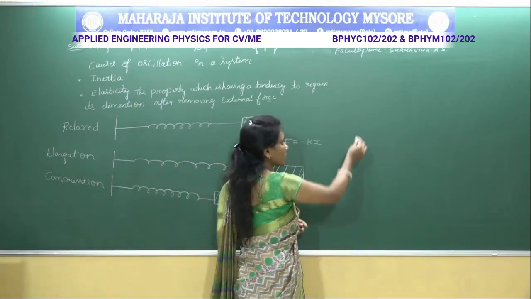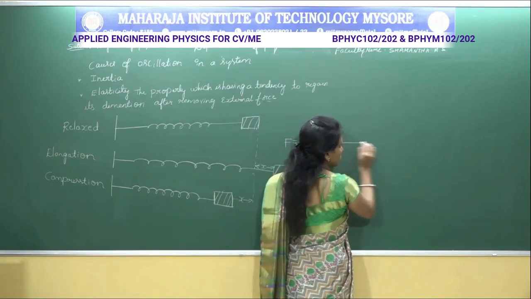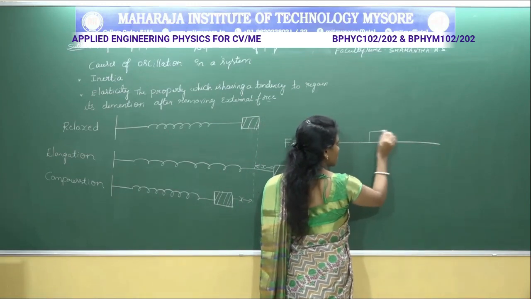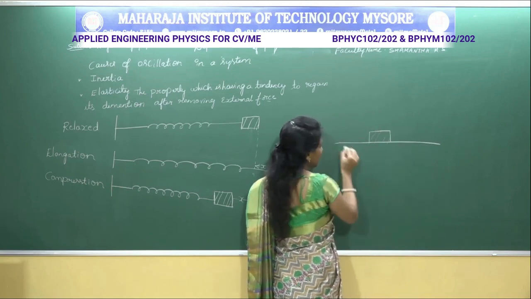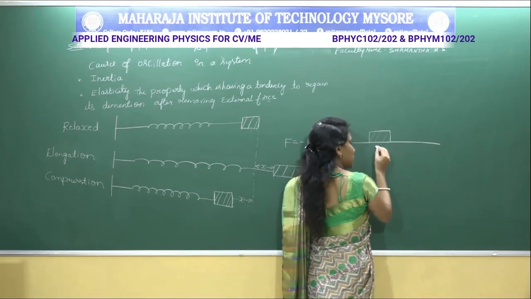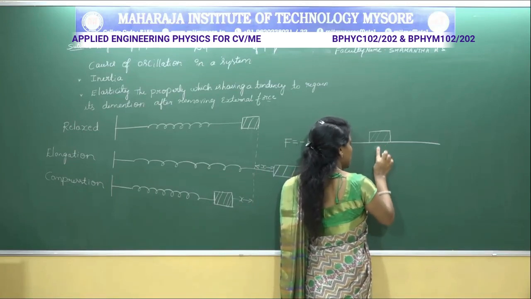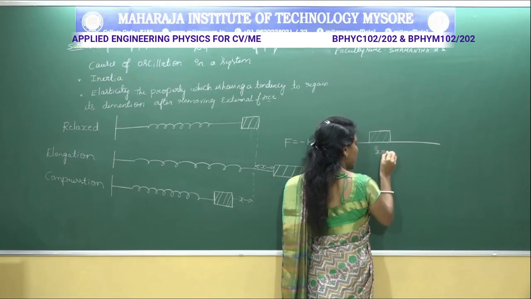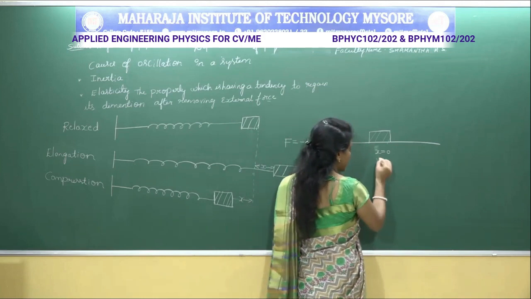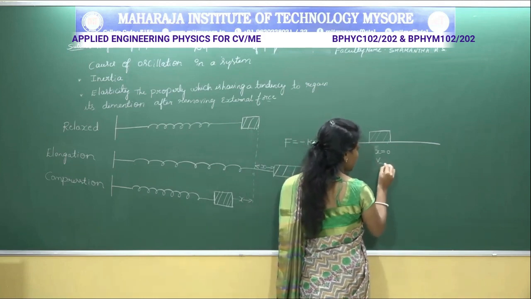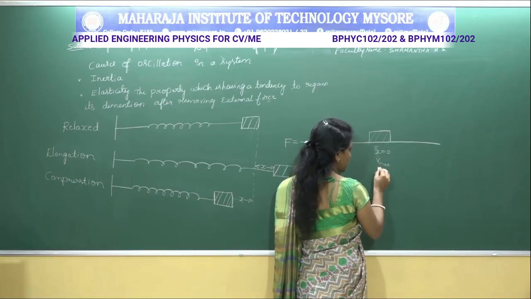When the body is oscillating, if we place a body about the center at a fixed point, initially the displacement will be 0. At this point the velocity will be maximum and the acceleration is also 0.